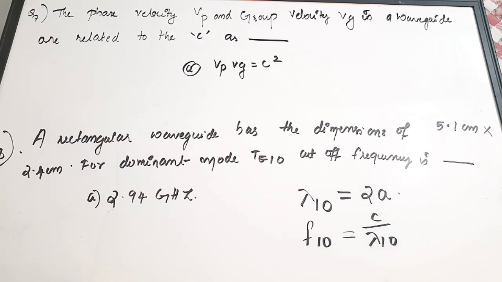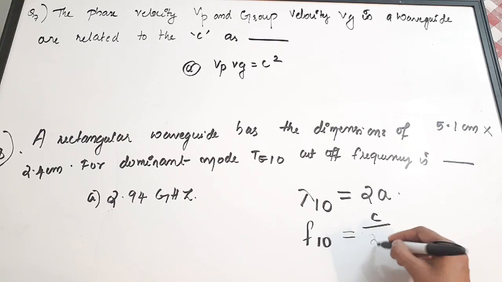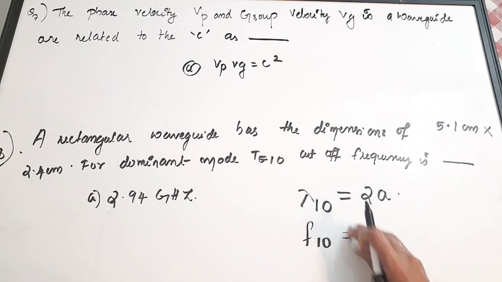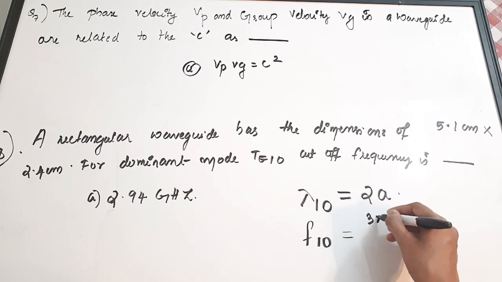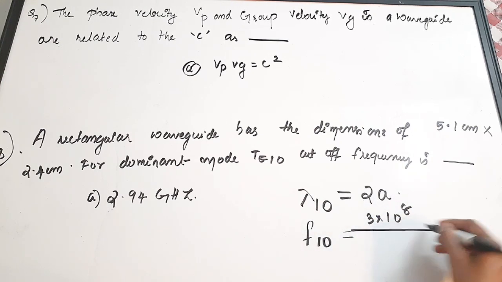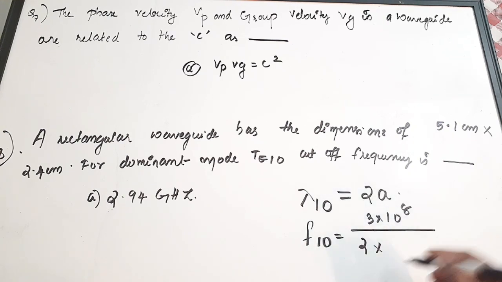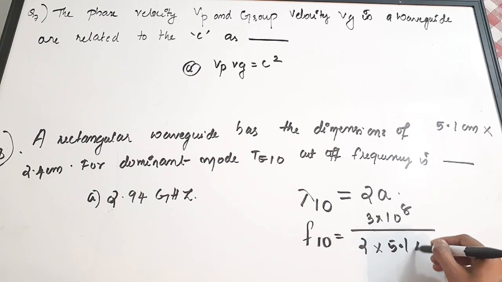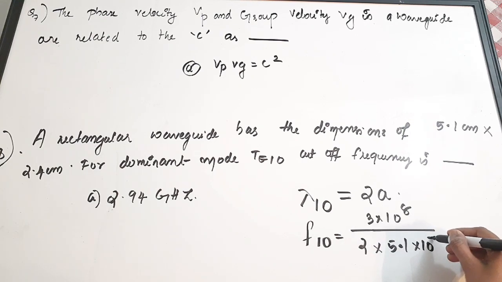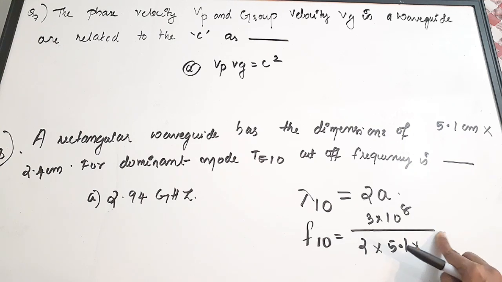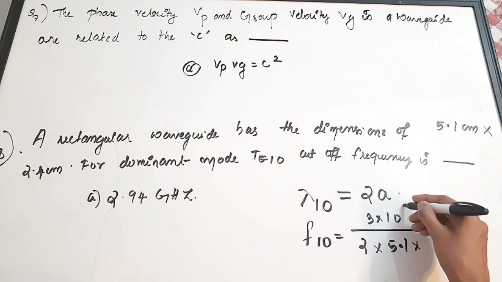Now what is lambda 10? It is 2a. So this is the equation for finding the cutoff frequency for the dominant mode. Now you just need to substitute: C is 3 into 10 raised to 8, divided by 2 into 5.1 centimeters into 10 raised to minus 2 meters. So you can take it to the numerator and 8 will now be 10.